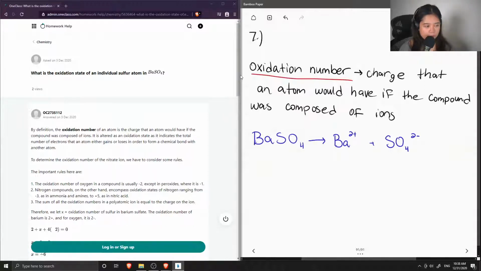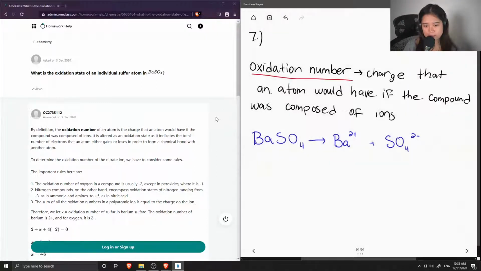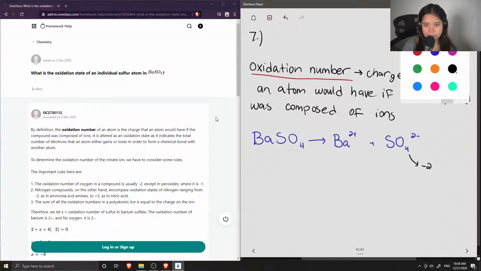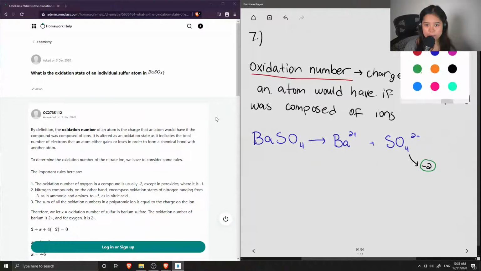So there are different rules when you need to find the oxidation number, and one of the main ones is that oxygen tends to have an oxidation number of -2, except when it is in a peroxide, it would have a -1 oxidation number, but in this case, it has an oxidation number of -2.